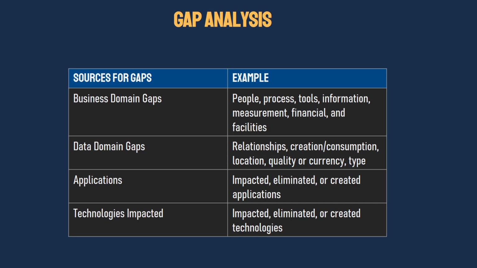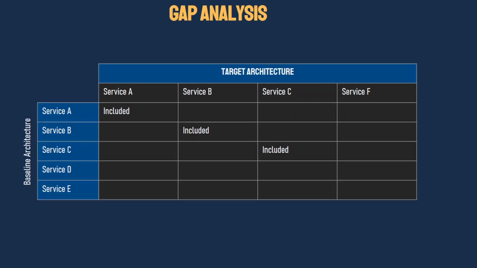To perform a gap analysis, we first start with making a chart to show the architecture building blocks that exist in the current baseline, shown on the left, versus the target baseline, shown across the top. If an architecture building block exists in both the baseline and the target, we consider it included and mark it as so.